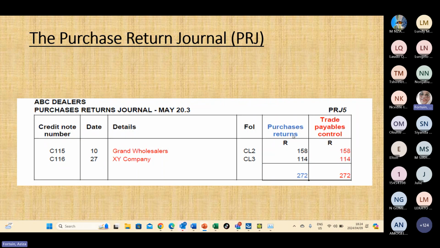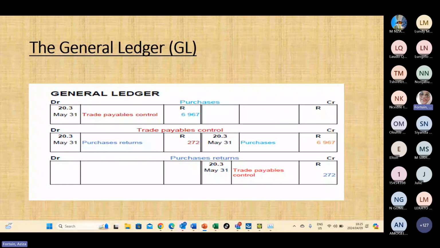And in this one, you will have a purchase return and a trade payables control account. Okay, in this one, you're going to debit your trade payables control account because we're decreasing the trade payable, and we're going to credit the purchase returns.